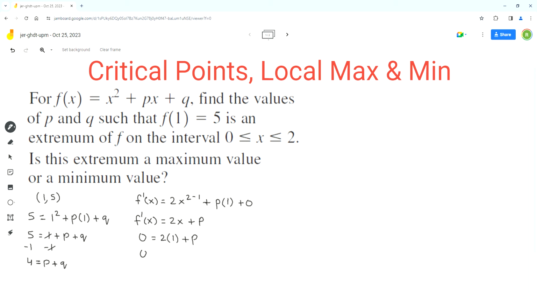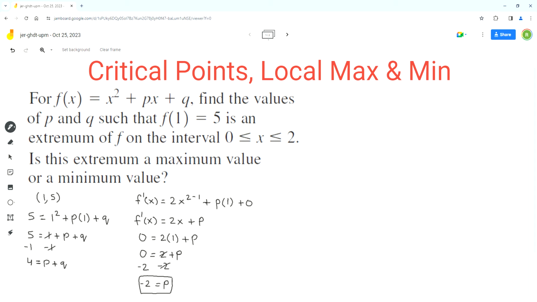So we can simplify. So we get 0 equals 2 + p, and we can isolate p by subtracting 2 from both sides. So the 2's on the right side will get cancelled out. So we get 0 minus 2, which is equal to negative 2. So p is equal to negative 2.